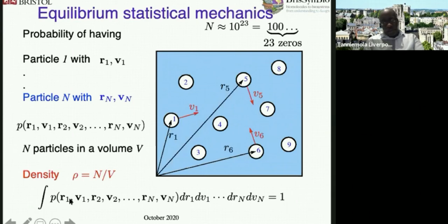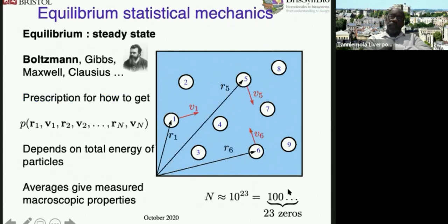That is given by an integral over these variables, and that gives us 1. So the question is, if we can get the probability, then we can calculate averages of this gas, and that will tell us how this material will behave.